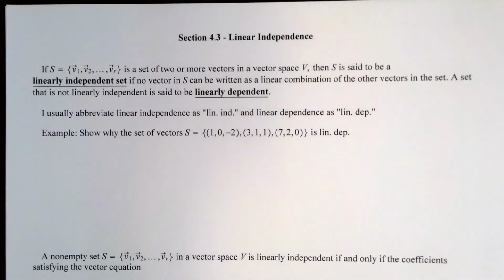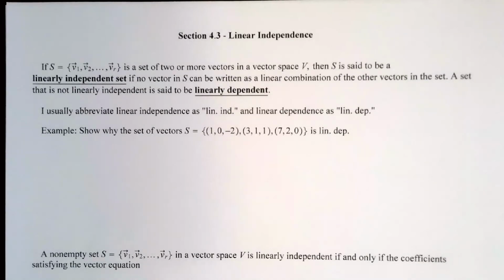Okay, we've looked at the topic of vector spaces and subspaces, and then we talked about spanning sets. And what I want to talk about in section 4.3 here is, as the title states, linear independence. The reason we need to talk about this is we're building our way towards the next section where we'll talk about what a basis is, and then from a basis we'll be able to define the dimension of a vector space.